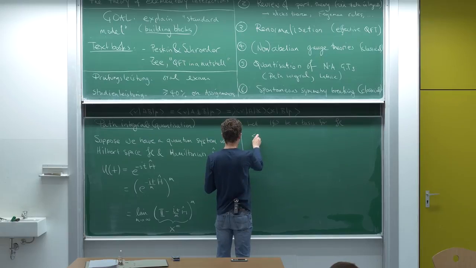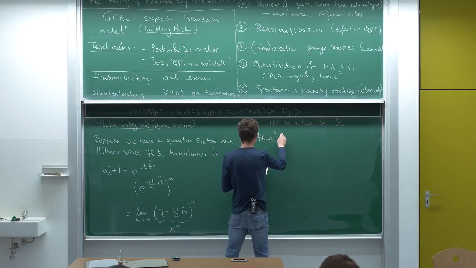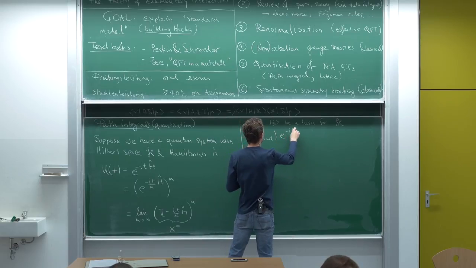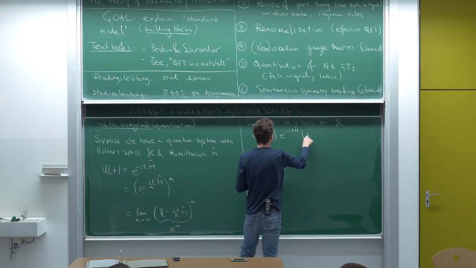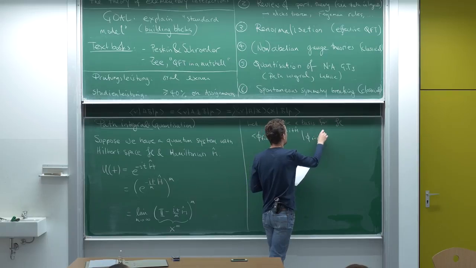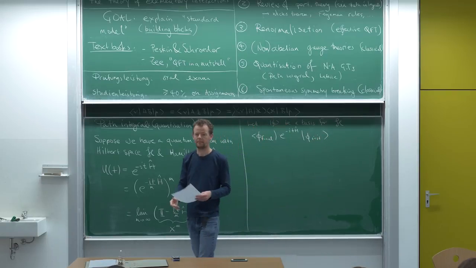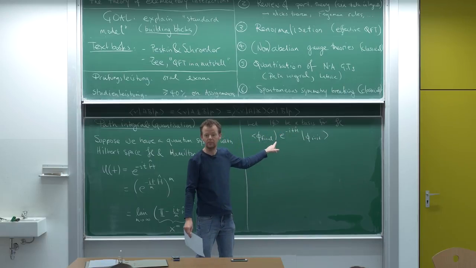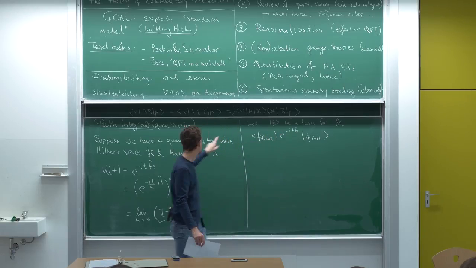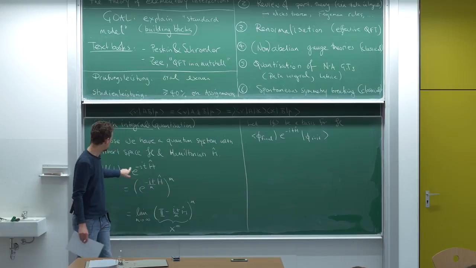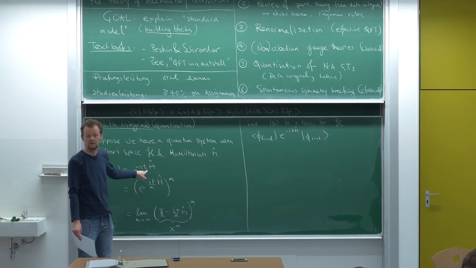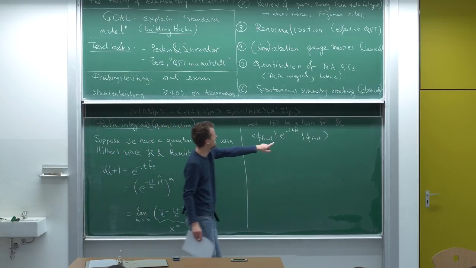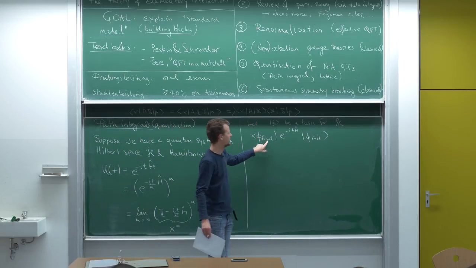So if we want to work out the transition amplitude to go from some initial state to some final state, we prepare our system in the initial state phi init, and we want to know what's the probability amplitude to get to phi final. Then the way to do that is to just apply the unitary corresponding to the propagator to phi init, and then work out that inner product.